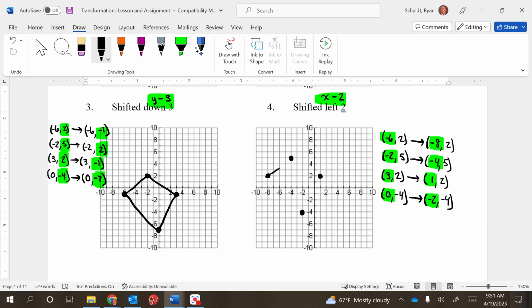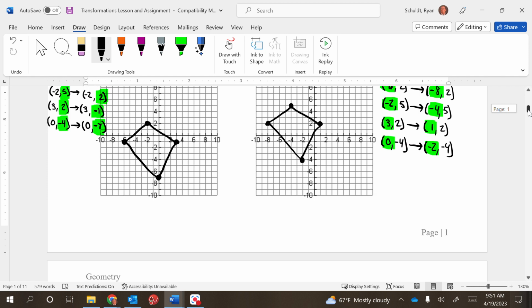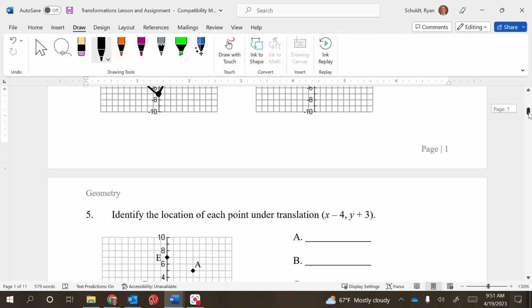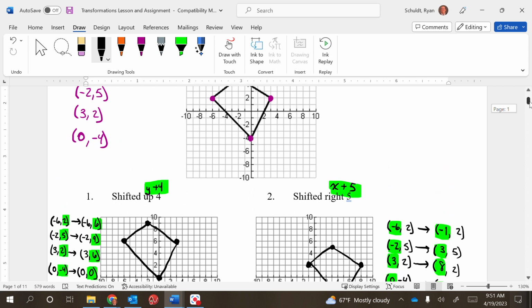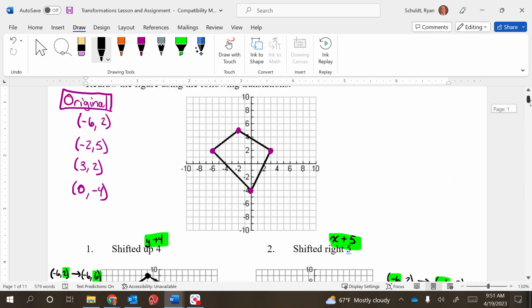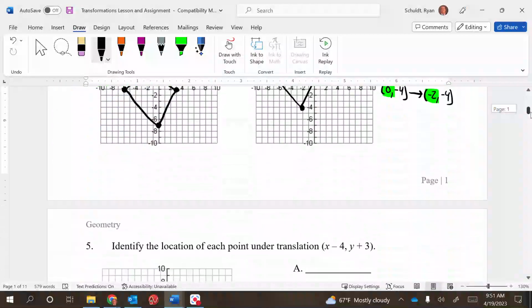Then we connect our dots. There we go. Okay, so that's just moving left, right, up, and down. You're either changing the x or changing the y.